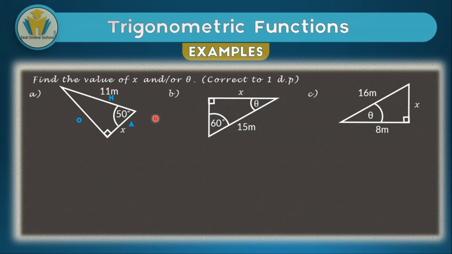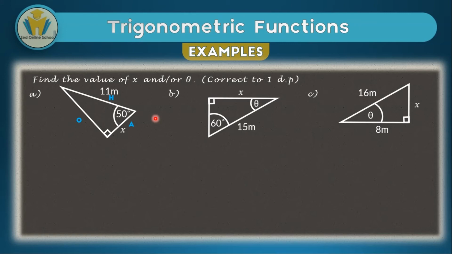Now, when picking the right trigonometric function you need to use to find any equation, what you need to see is if the trigonometric function you want to use contains two things that you know and one thing that you need to find. Therefore, in this question, you can see that we've got an angle. All the trigonometric functions involve an angle, which is theta.